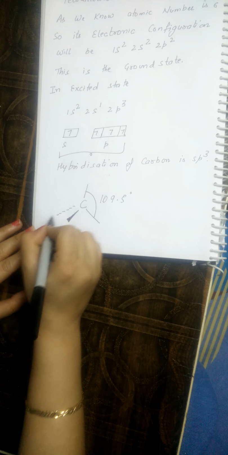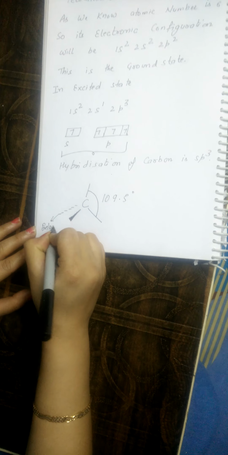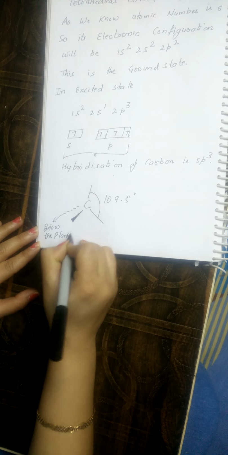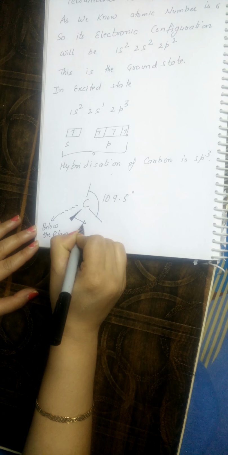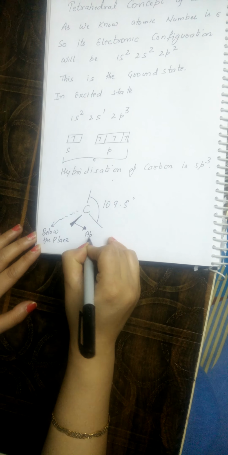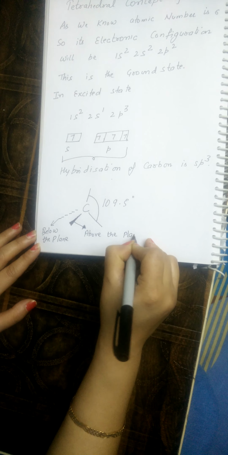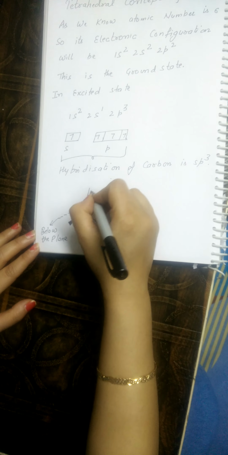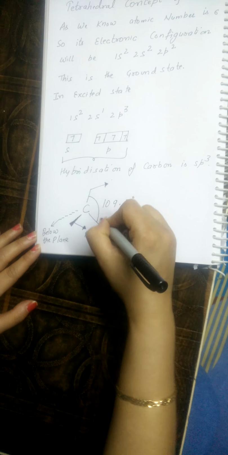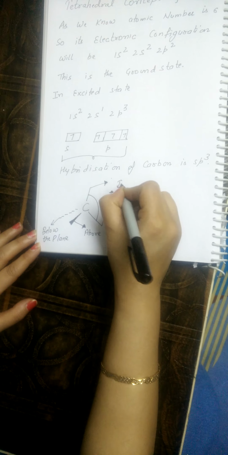The bond shown with a dashed line is below the plane. The one shown with the bold line is above the plane, and the other two are in plane.